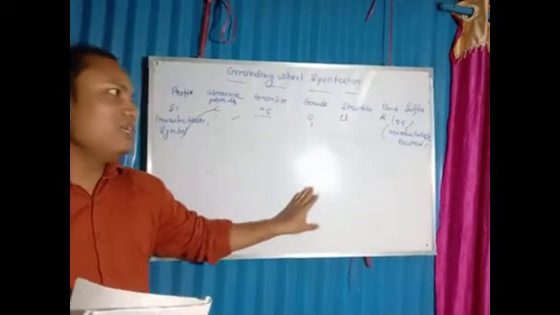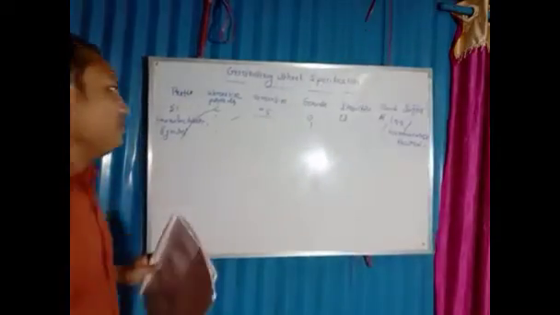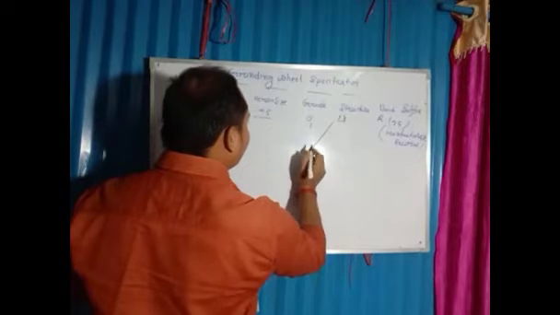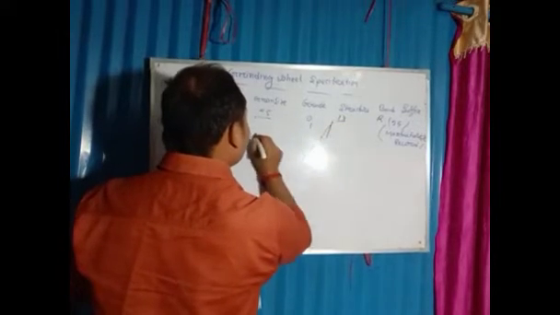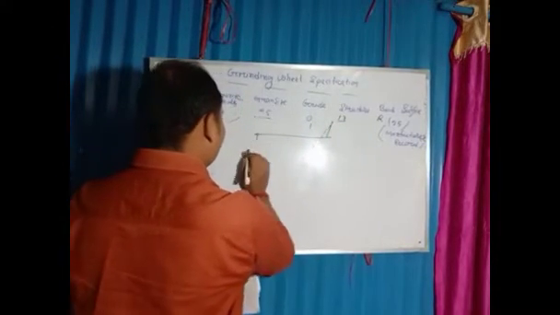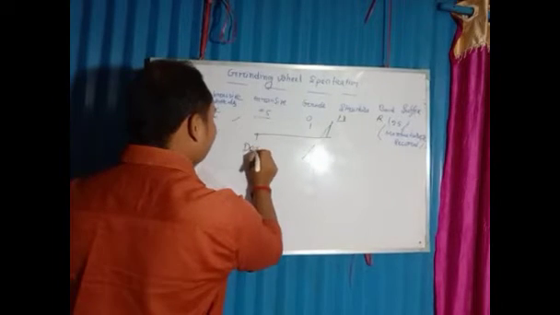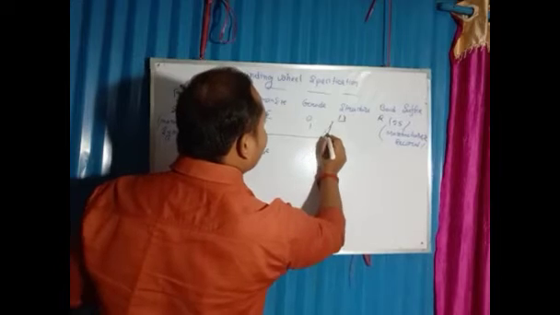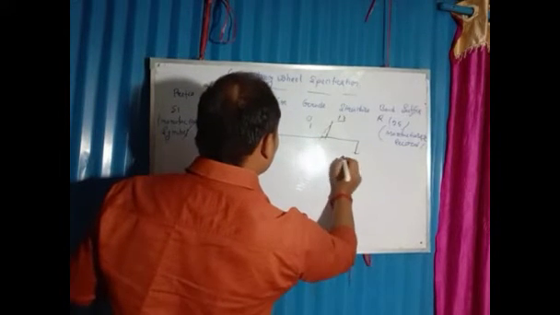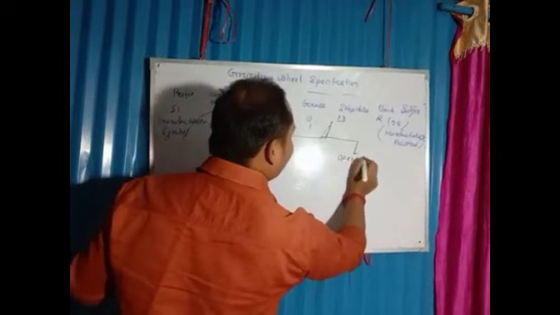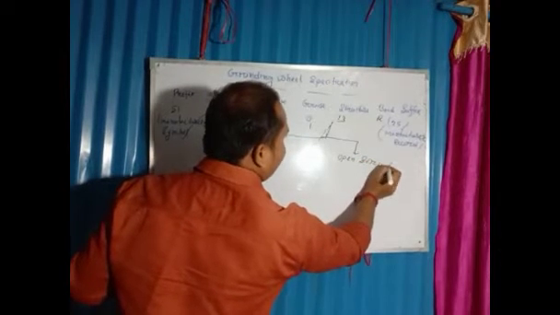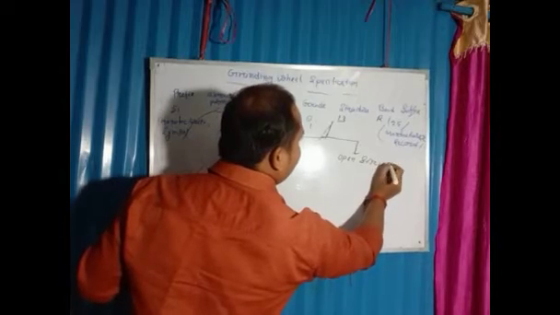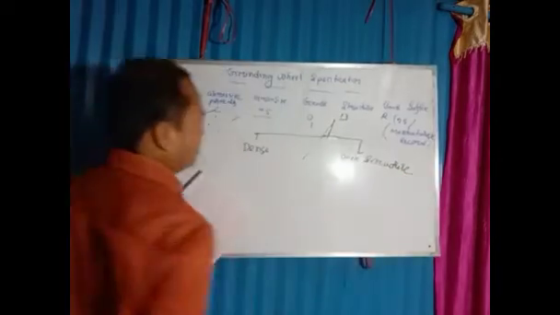Generally structure is of two types: one is dense structure and another is open structure.